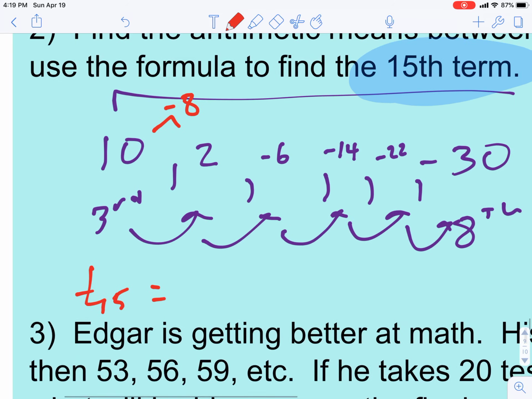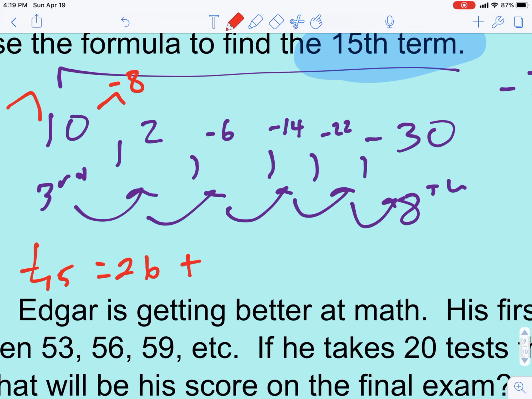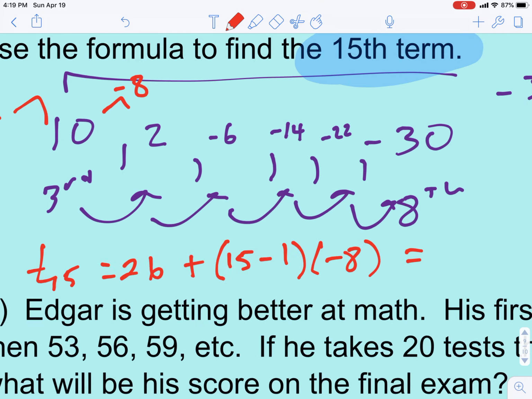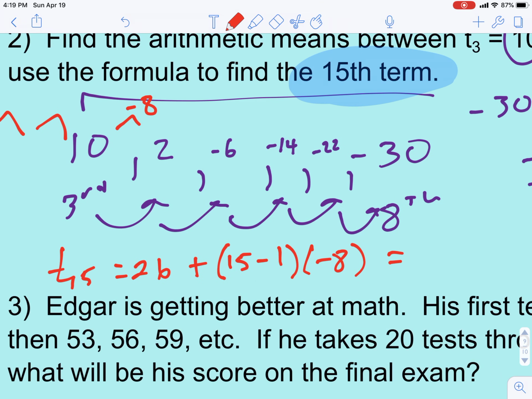So I'm going to go up by 8 two times to get to the first term. So the first term is going to be 26 plus, we want the 15th term, so 15 minus 1 times our common difference of negative 8. You type that into the calculator and you get negative 86.